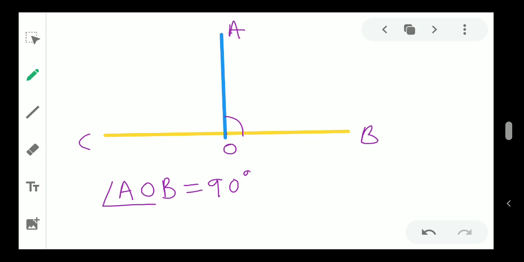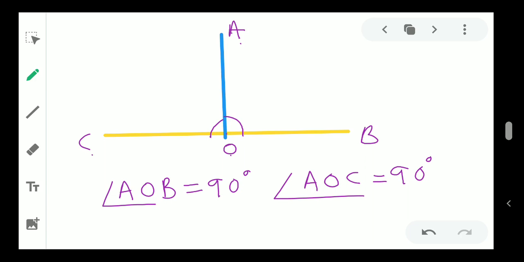Also my angle AOC, that means this angle. See, I can draw like this also, that doesn't mean it's big, okay? Or I can draw like this also. Angle means the closeness, so how much it is inclined with each other. So in that case you can give this symbol anywhere, no problem. Whatever we are seeing AOC, that AOC is also my 90 degree, right?